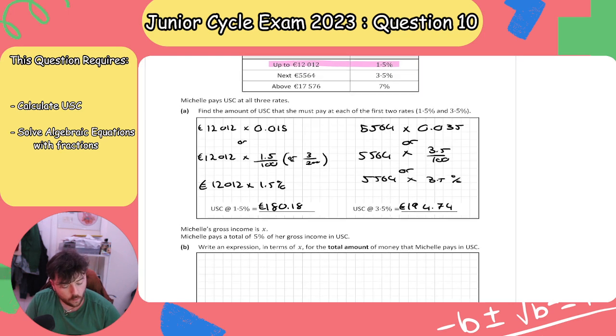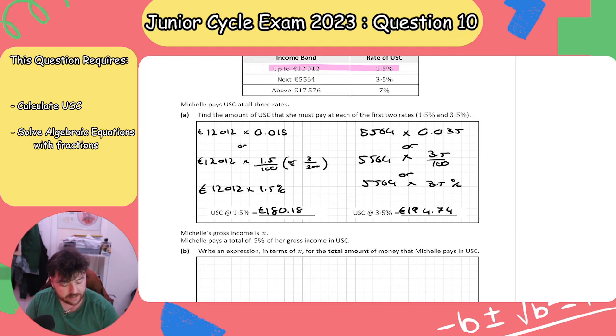So what we're going to do is, we know she pays €180 and 18 cents in the first band. She then pays €194.74 in the second band. How much does she pay in the third band? Well, anything over 17,576 she pays 7% on.